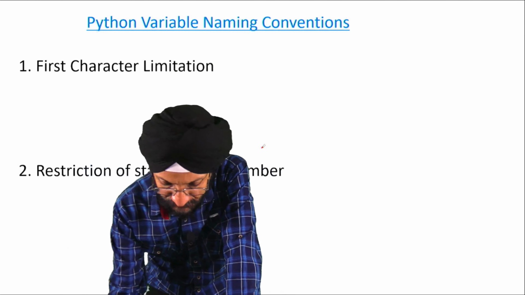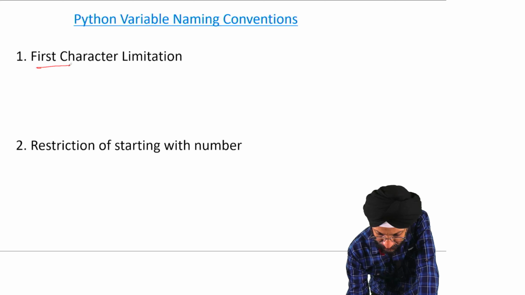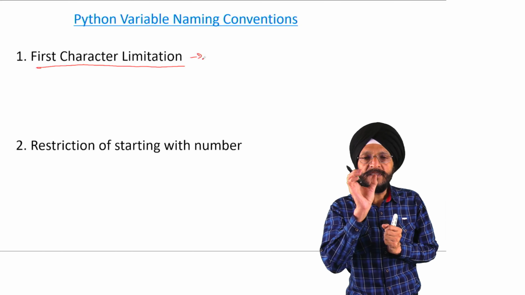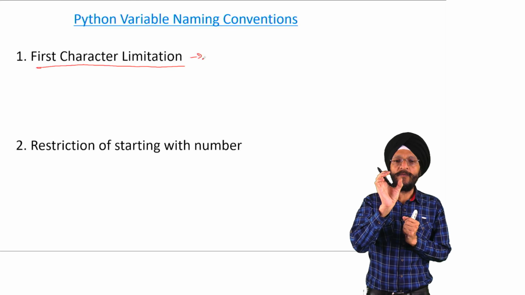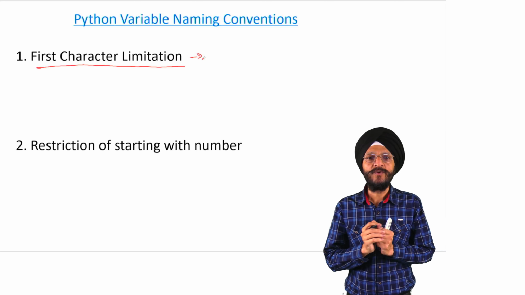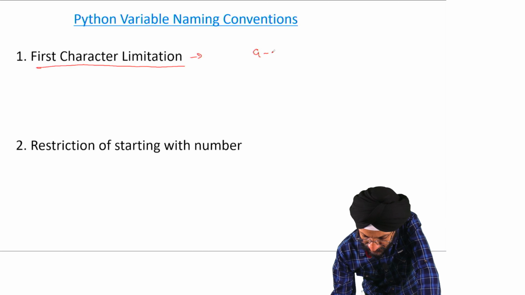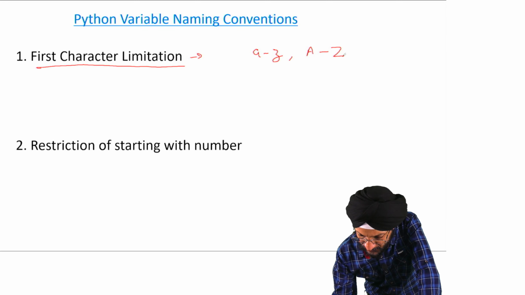First is first character limitation. While naming the variables, the first character of the variable name should be a letter or an underscore, that is A to Z, a to z, or an underscore.